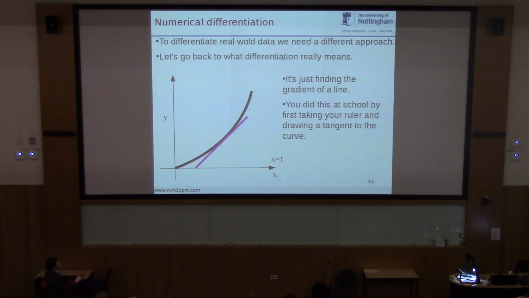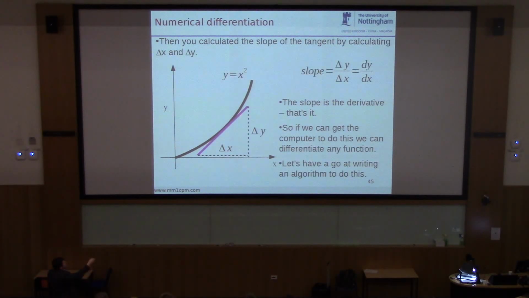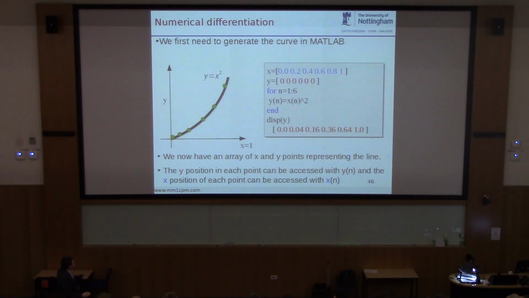And then what you do is you calculate the difference in y and the difference in x. And then you'd say the slope of the line is equal to dy by dx, so change of y over change of x. So the slope of the line is the differential. And we're going to use exactly the same technique in computing to calculate the numerical derivative. So this is an algorithm people use all the time.